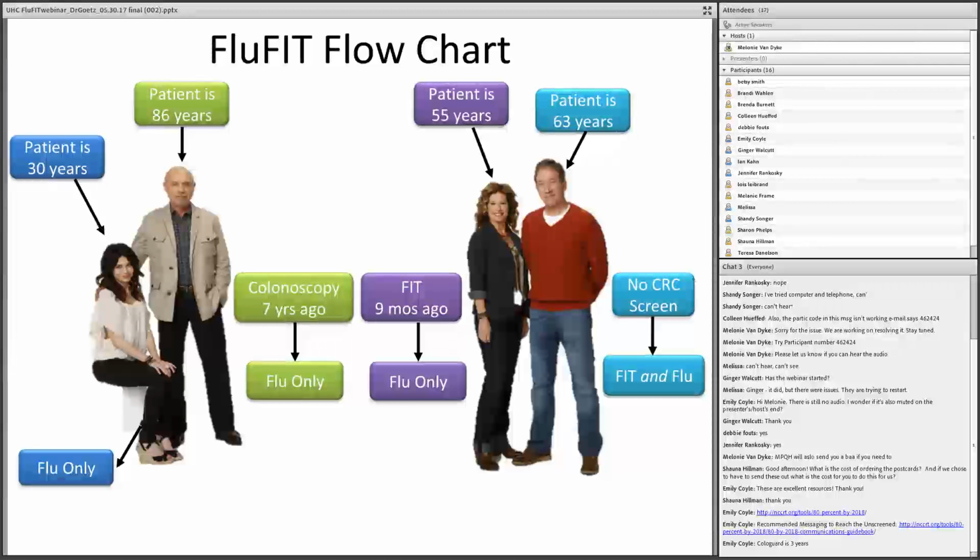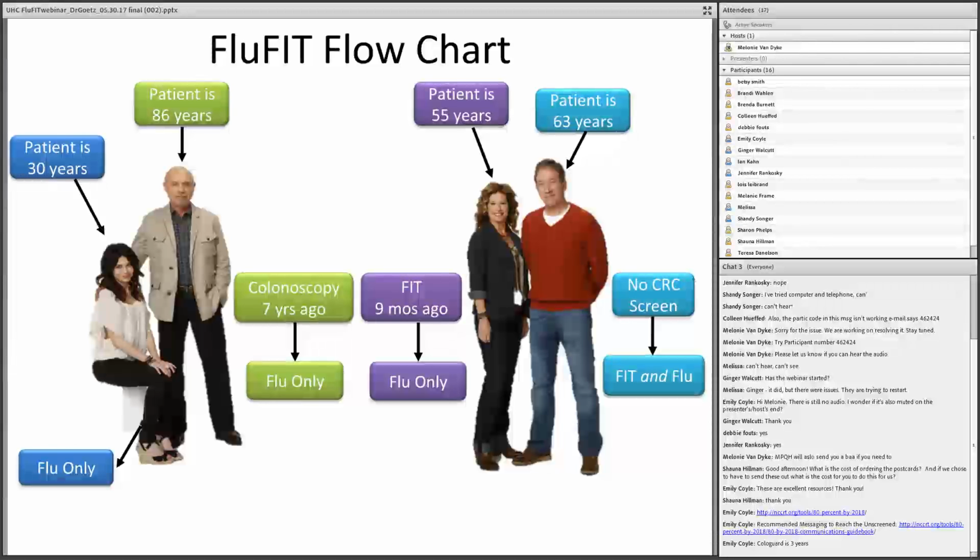So he is also not eligible for the FIT test. The other couple on the right-hand side, I guess that's the left-hand side. I don't know my right from my left. Anyway, the gentleman is eligible for both flu and FIT because he has not previously had colorectal cancer screening, whereas the other patient has.